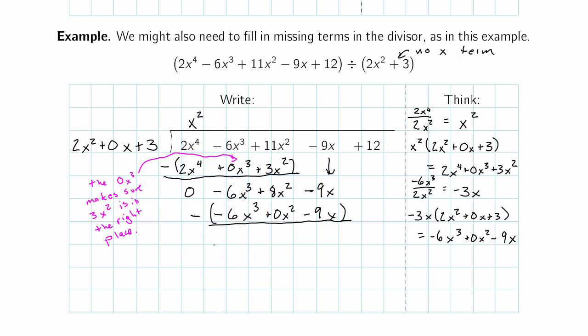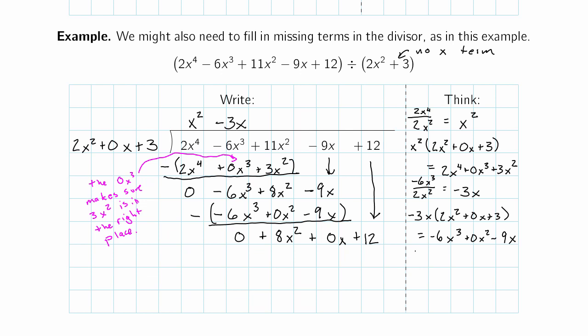Negative 6x to the 3rd minus negative 6x to the 3rd is 0. 8x squared minus 0x squared is 8x squared. Negative 9x minus negative 9x is 0. Bring down the 12. I forgot to actually write the term in when I divided, but I can look at where I wrote that down.